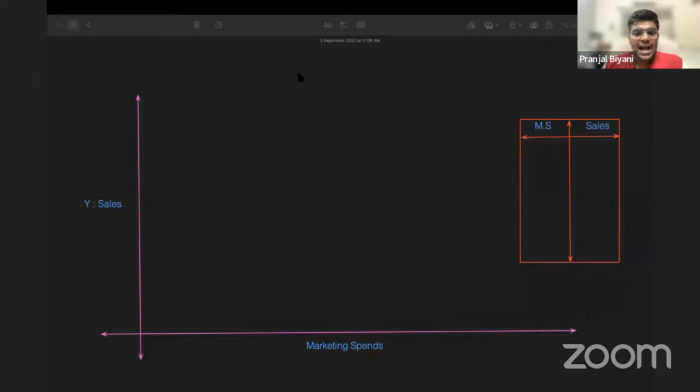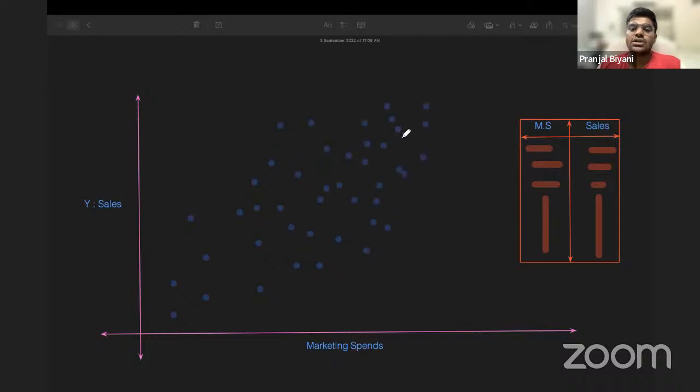Now I have different values here and there. I have some value for this, some value for this, and I have a lot of data points. These data points will transform into different points on this 2-dimensional axis, and it would look something like this.